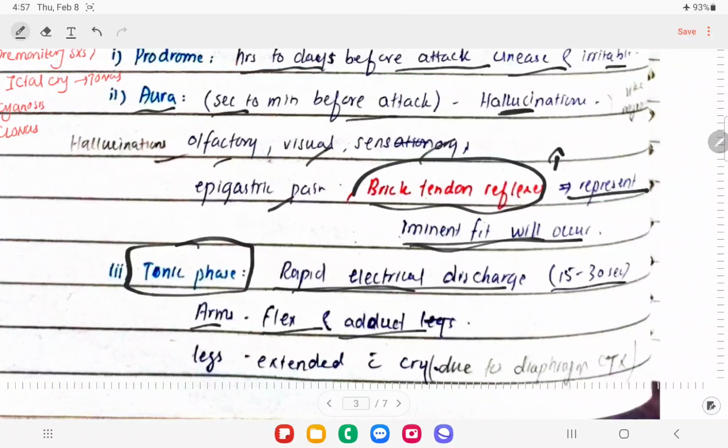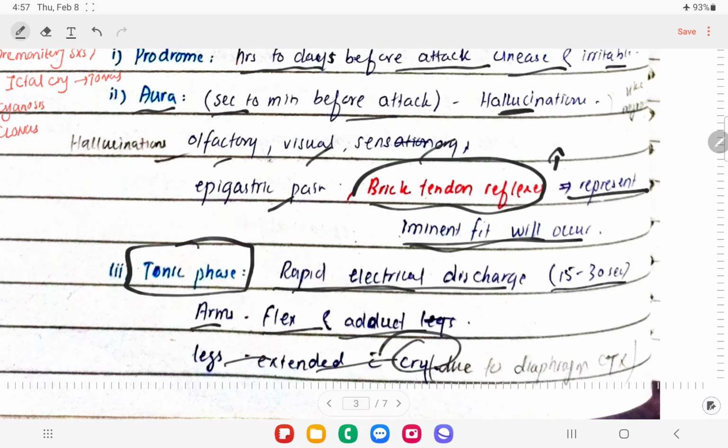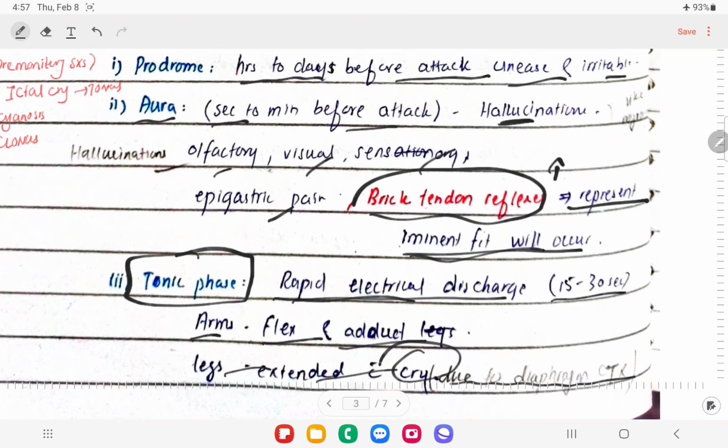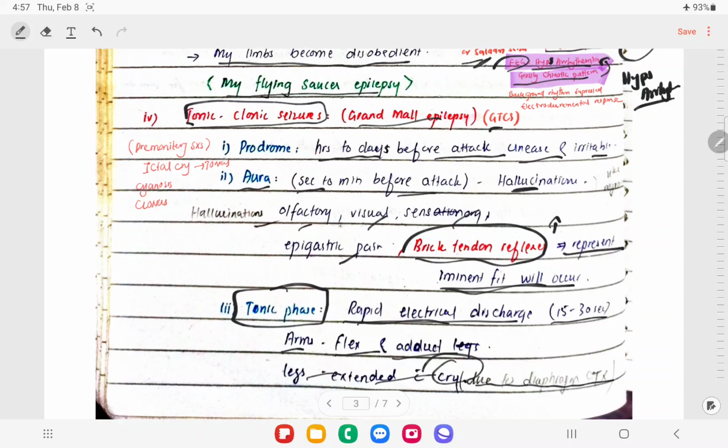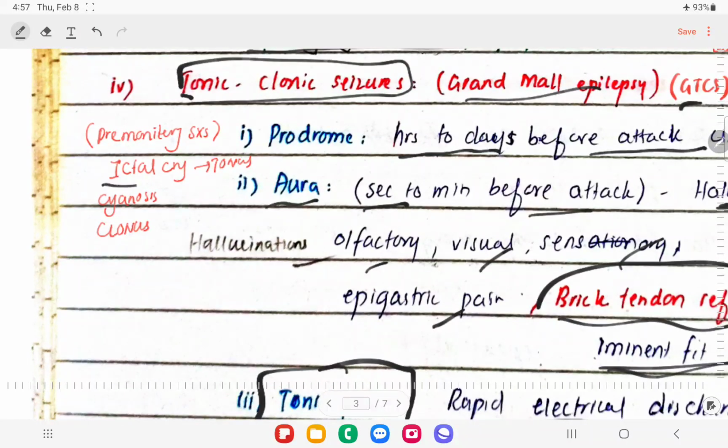Legs will be in extended position, right? And there'll be a cry, and this will be due to diaphragmatic contraction, right? So this is called the ictal cry. And because of closure of the vocal cords, the patient might have cyanosis, right?